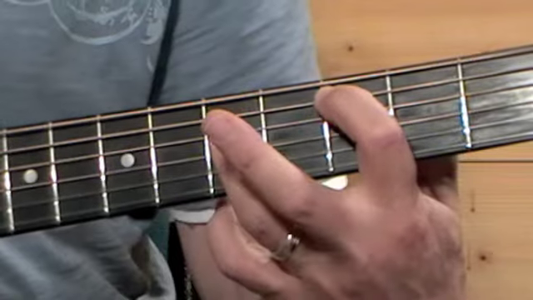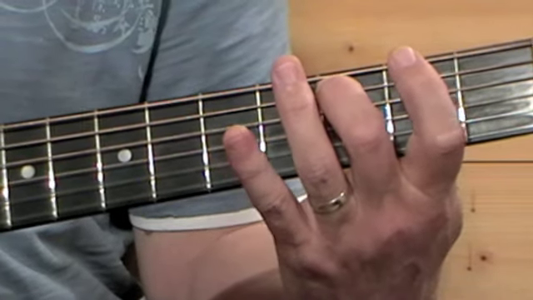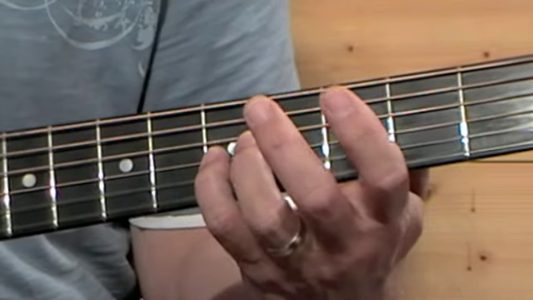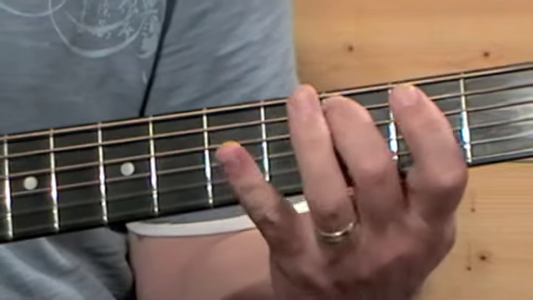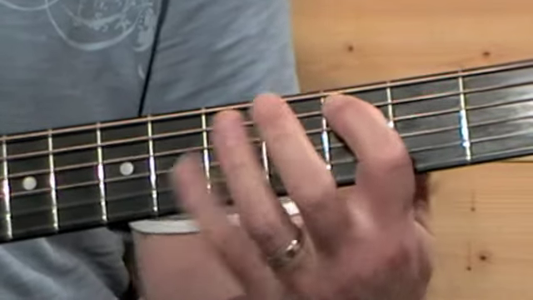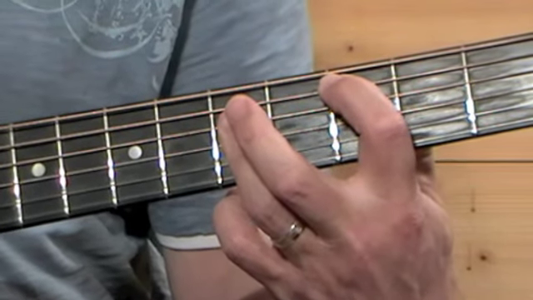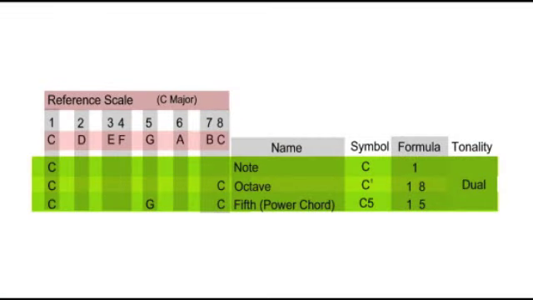So there's a C 5th chord, it's got the note C from the major scale, G and another C at the top. So it's the octave plus the 5th note of the scale, and that's the C5 or C power chord. This is usually marked on a rhythm chart as a C5, and you can see this in the symbol column on the chart.